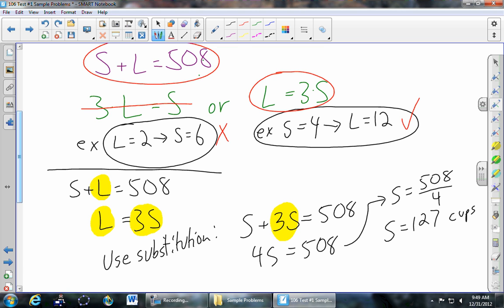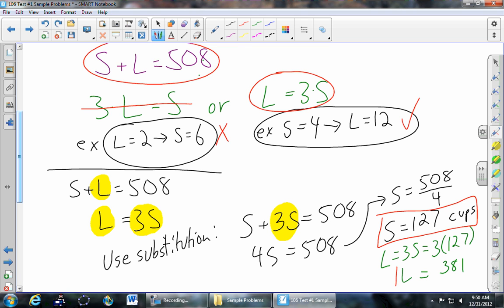So L equals 3S. That means that L is equal to 3 times this 127. So what does that equal to? 381. So those are our answers there. S is 127 small cups, 381 large cups of coffee.